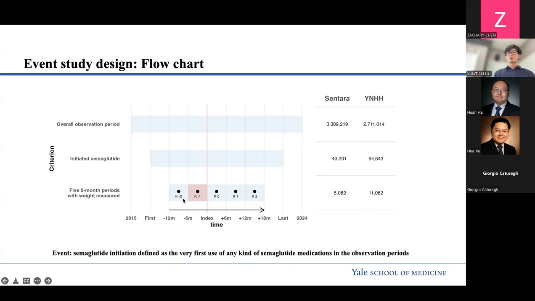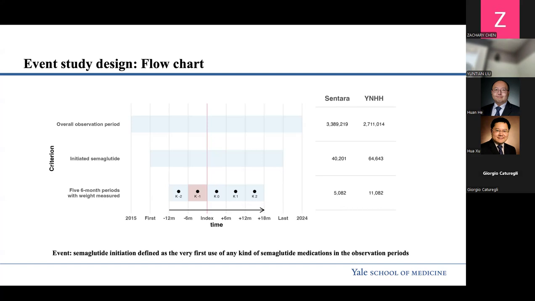By that I mean, you can see we have the index day here, and for the K that I just mentioned in the specification, we have relative time periods in 6-month units. We chose in total 5 relative time periods, and we use -1 as a reference, meaning the 6 months before you started the semaglutide treatment.